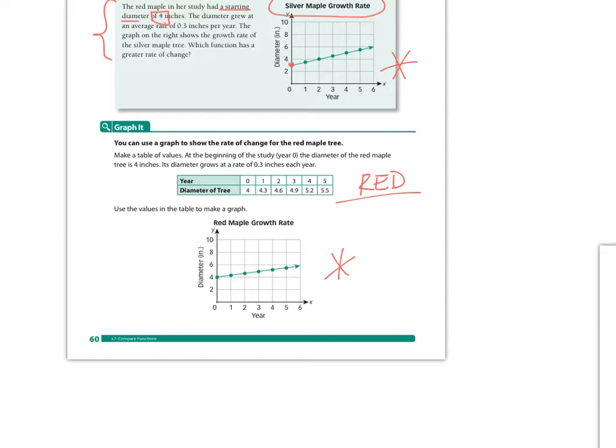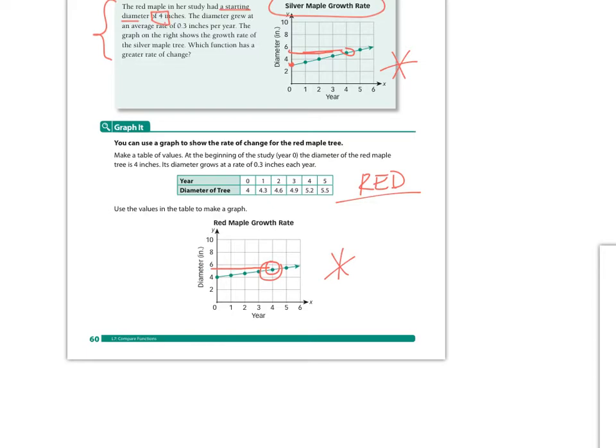Okay. Well, I can't just look and say, hey, at the end of year 4, the red maple tree has grown this much, that number there, 5, maybe, and then go over here and look at this one and say, okay, hey, that looks like it's pretty close as well. You know what I mean? Like that's got to be somewhere between 4 and 6 too.